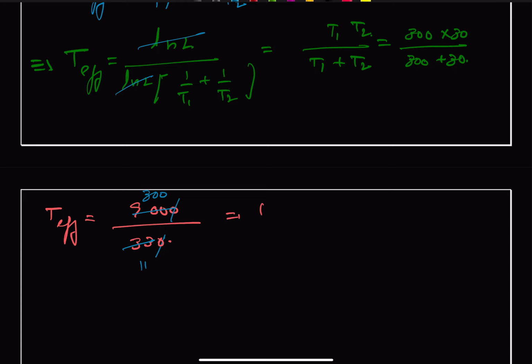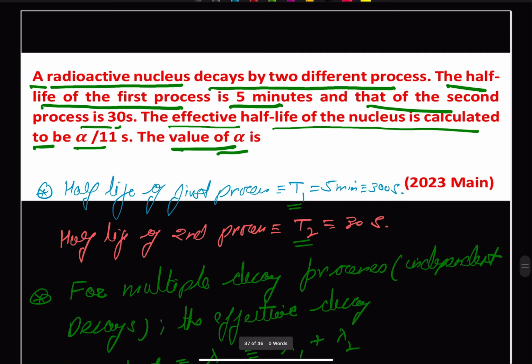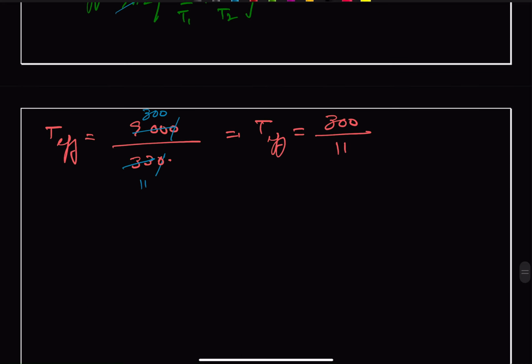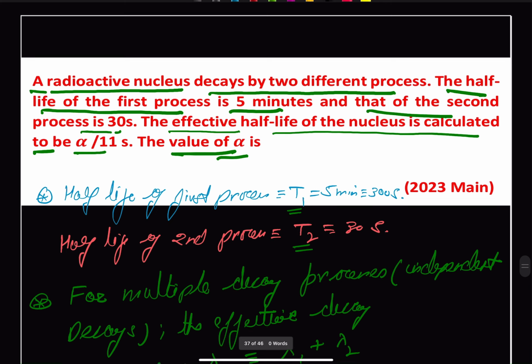Therefore we get T effective will be equal to 300 by 11 seconds, and I think that is given as alpha by 11. So we can say value of alpha is equal to 300.